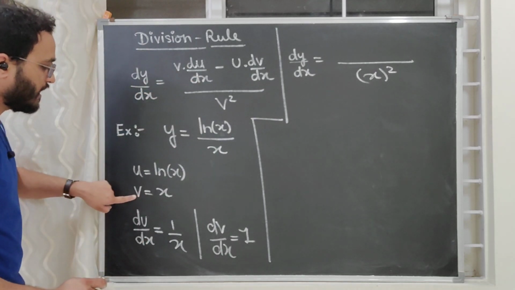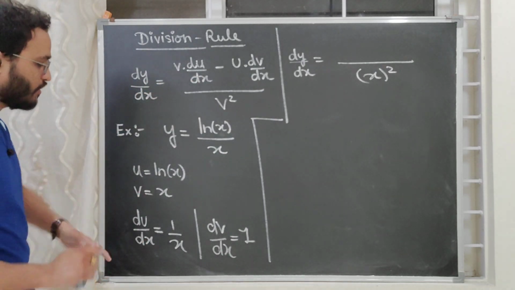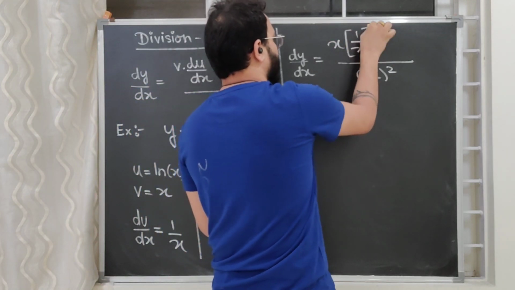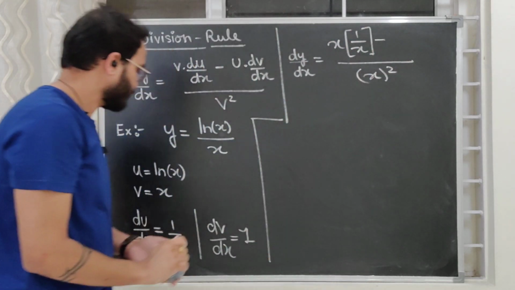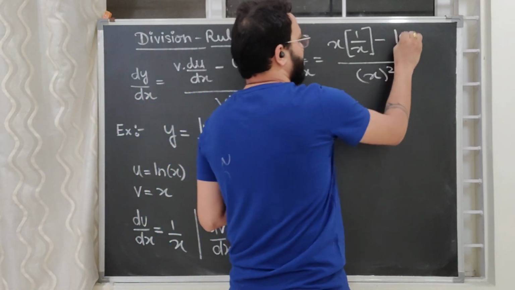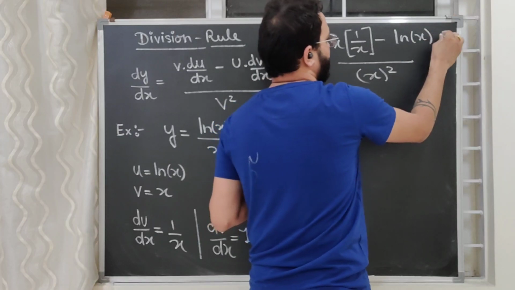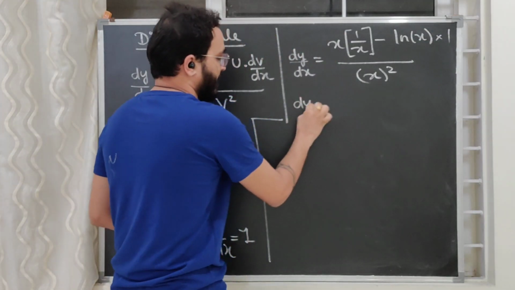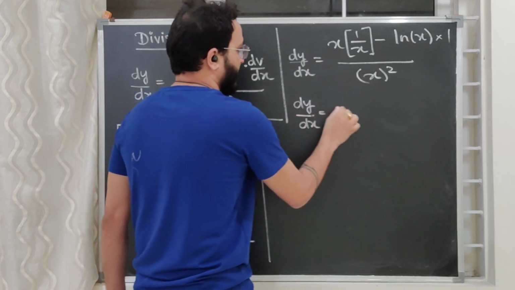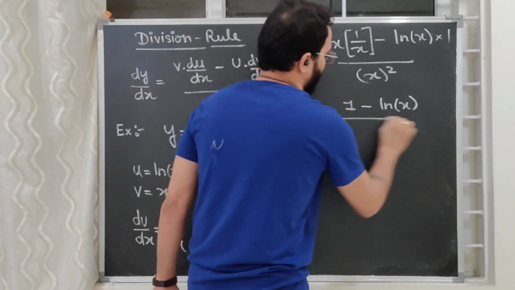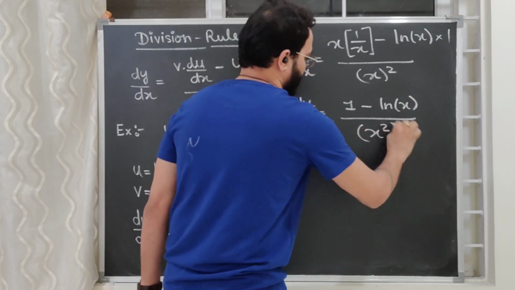So v du by dx is x into 1 by x, minus u dv by dx, that is ln x into 1. So finally dy by dx will become 1 minus ln x whole upon x square.